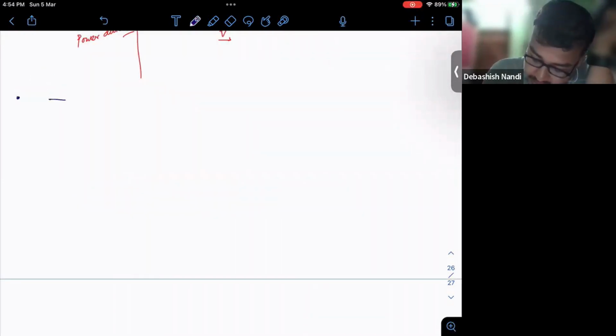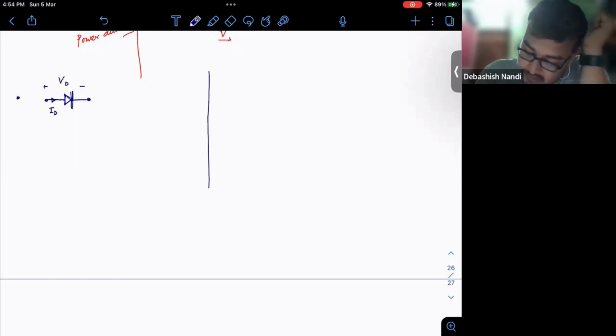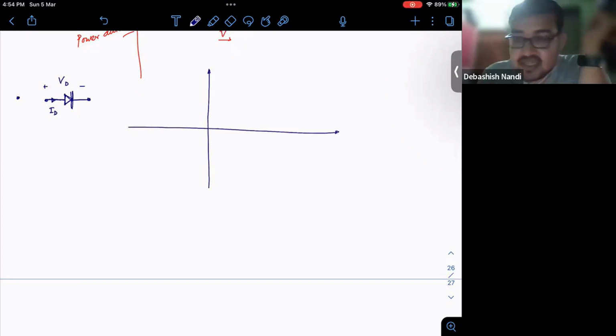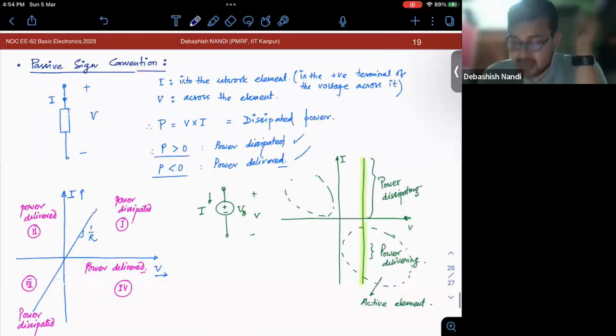What about a diode? This is VT, this is IT, right? This definition, by the way, is valid for a two-terminal device only.